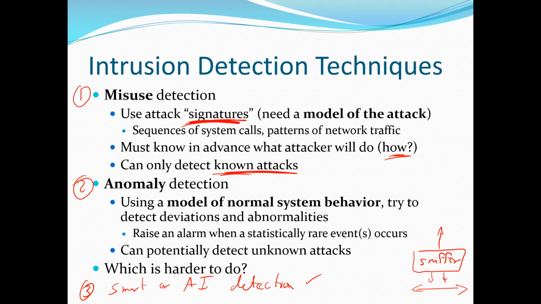Now, a second type is something called anomaly detection. Anomaly detection is a much more advanced approach, whereas this one is just an if statement. You guys have seen the example: if this is in the payload, find the attack.